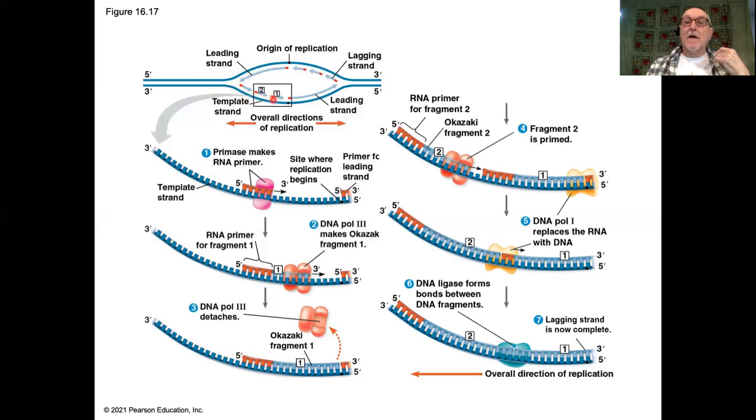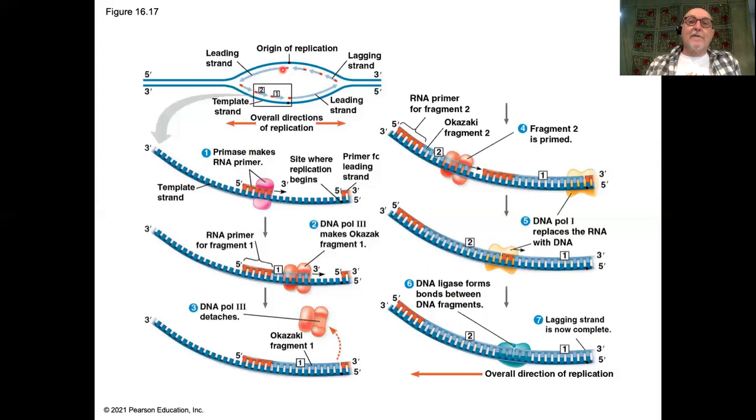We end up with a set of Okazaki fragments, which are a mixture of RNA, DNA, RNA, DNA. That RNA is digested out by DNA polymerase 1, and all of the little gaps left behind are healed up by DNA ligase. The primer here is also taken out by DNA polymerase 1, and ligase heals up the little nick that is left behind.